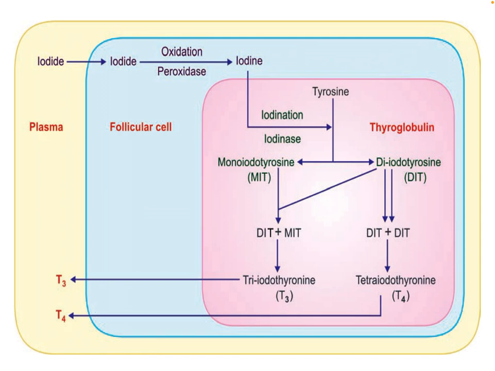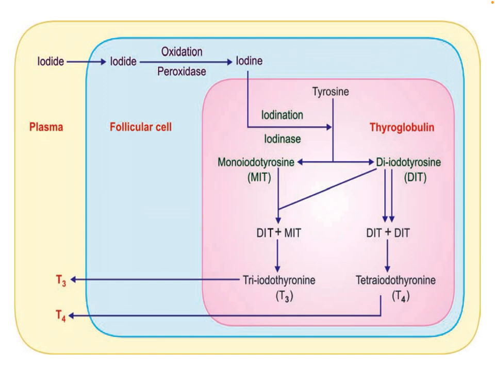This process is called organification of thyroglobulin. Then, iodine combines with the tyrosine, which is already present in the thyroglobulin. The iodination process is accelerated by the enzyme iodinase, which is secreted by follicular cells.